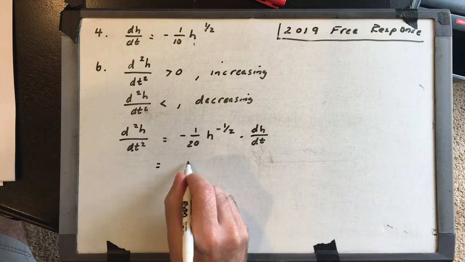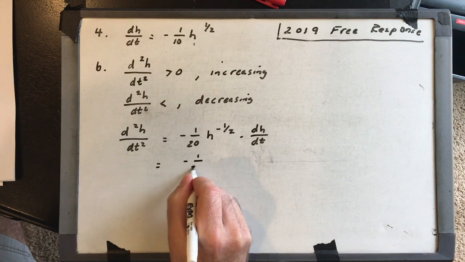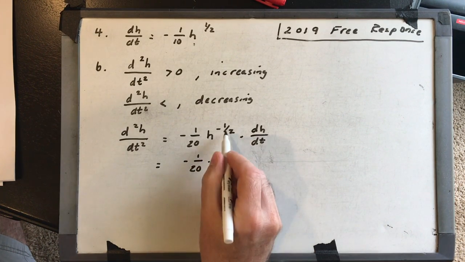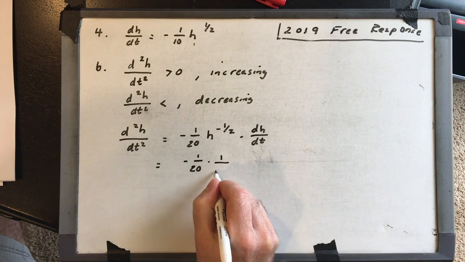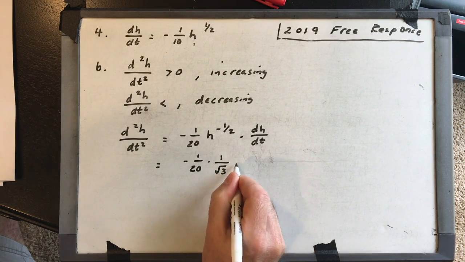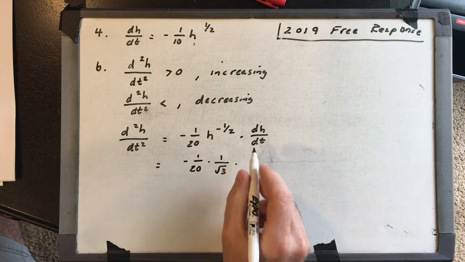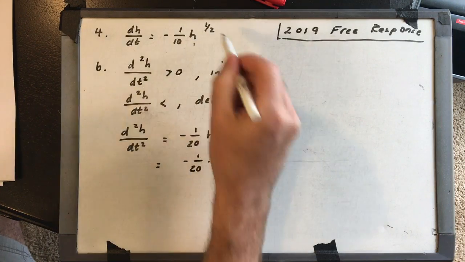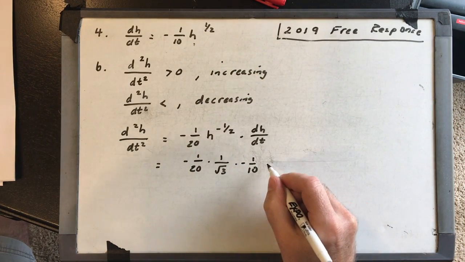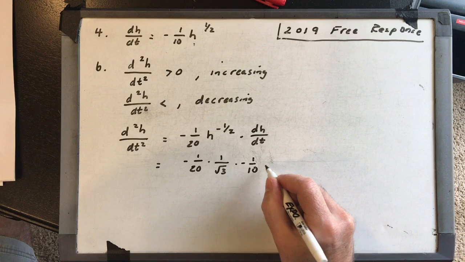So that's going to be negative 1 over 20 times, okay, h is 3, so that's going to be 1 over root 3. And then times negative 1/10, so we're using dH/dt now, times the square root of 3. Where did I get 3?